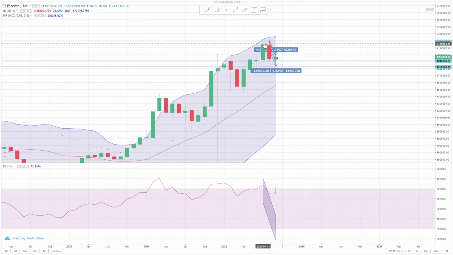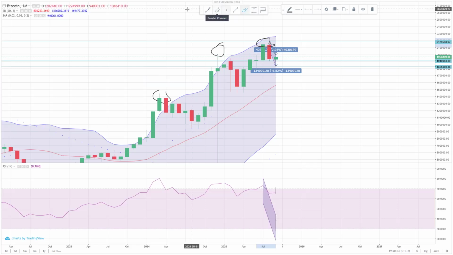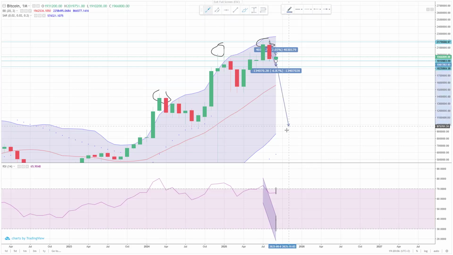We've got possible head and shoulders over there, and there's the shoulder. The head is always higher, and there's another shoulder. So most likely we are seeing a drop, possibly down to the extension, because this might go like this.